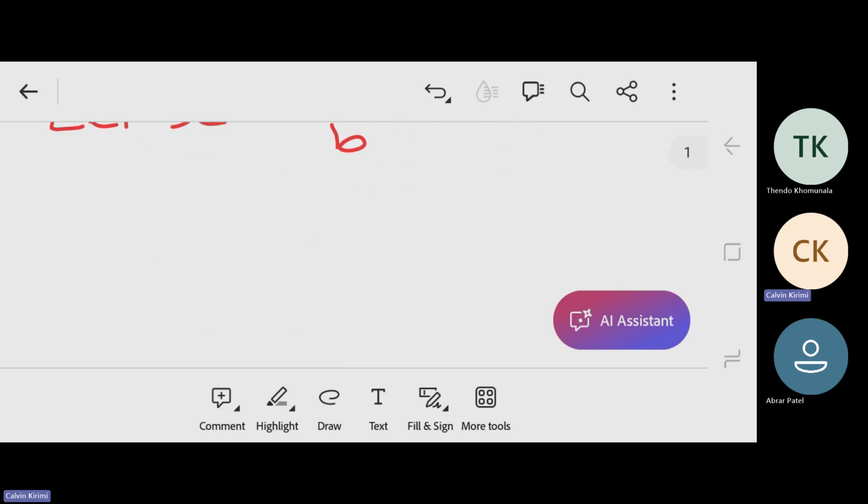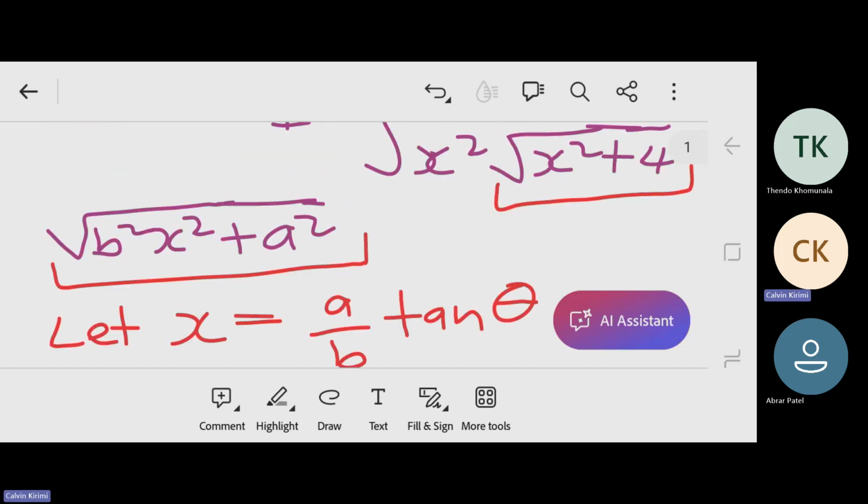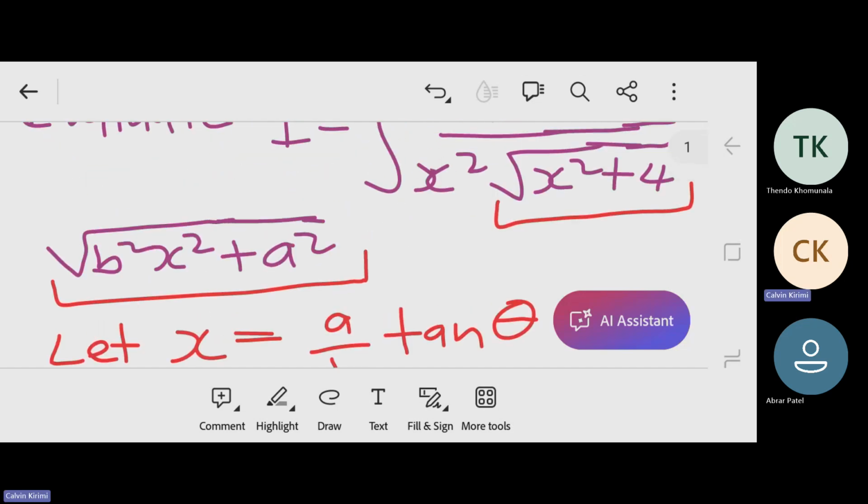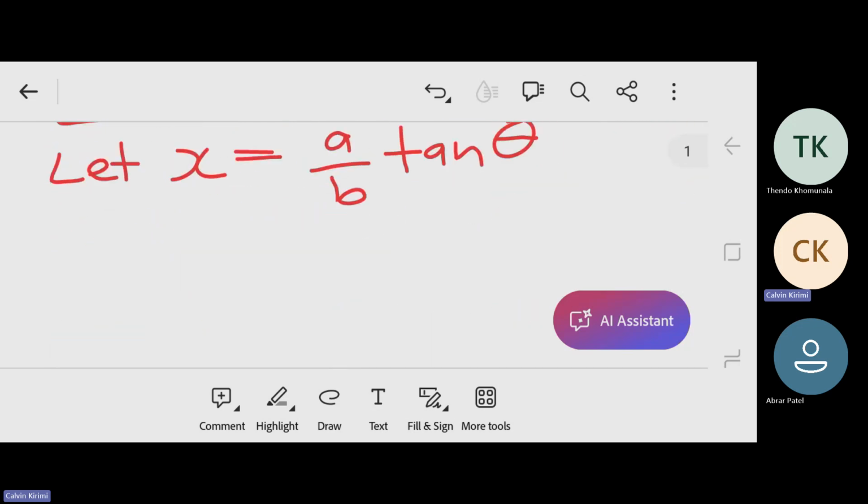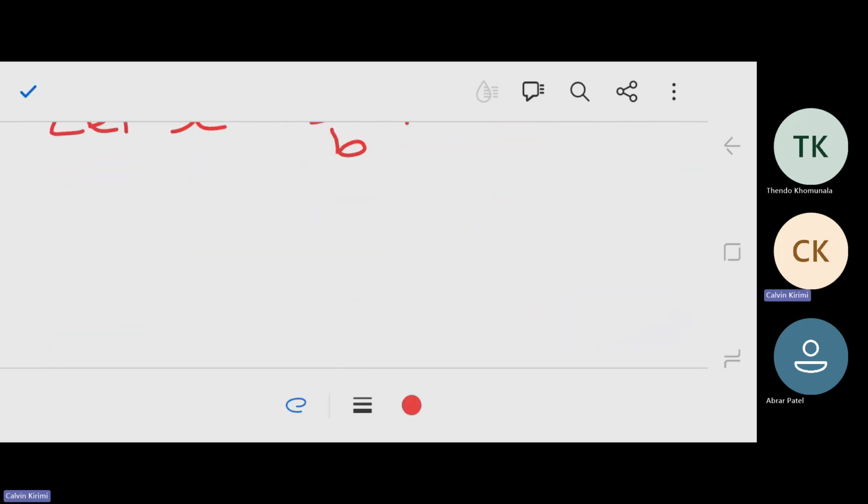All right. Now, if that is our situation, then let's have our values which we are going to put. The denominator is x squared plus 4. So if the denominator is x squared plus 4, let's write it: the square root of x squared plus 4.